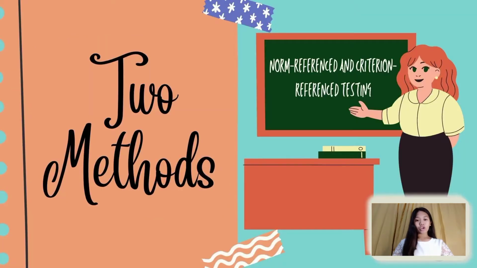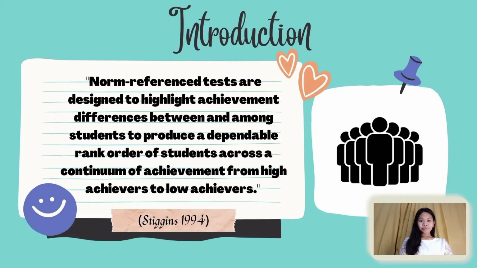There are two methods used by teachers to measure and interpret students' performance concerning classroom instructions. In this lesson, you will learn the in-depth difference between norm reference test and criterion reference test.